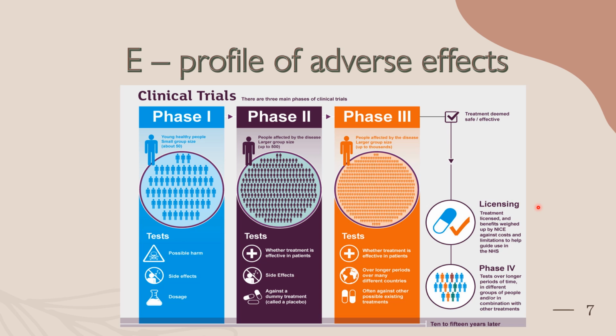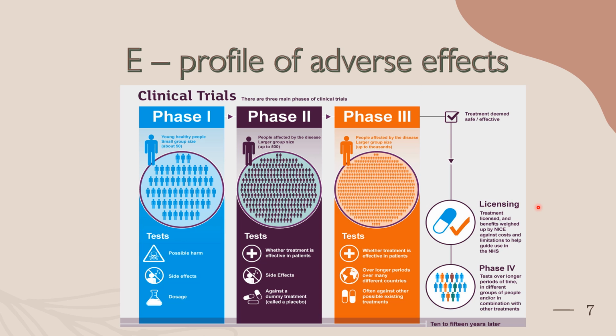Initially they use it in healthy people, about 50 people, and they try to test the possible harm, the side effects, and the dosage. Phase 2 is when they are being used in the diseased population. So you identify the effectiveness of the treatment, again the side effects, usually against a placebo, so that you can compare the efficacy.